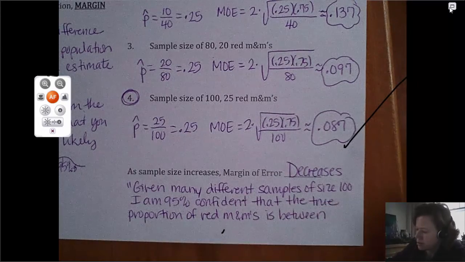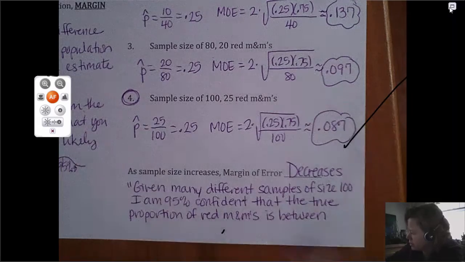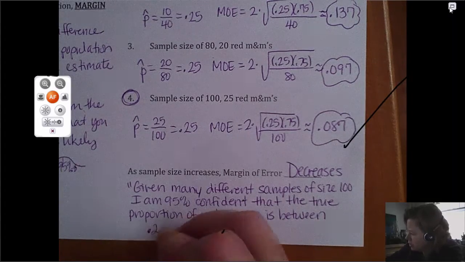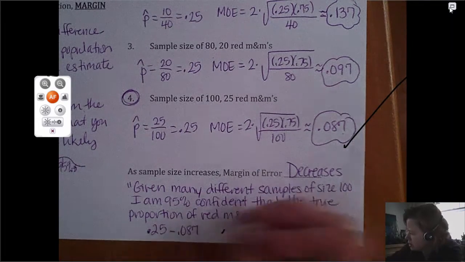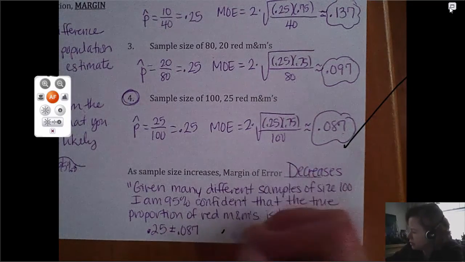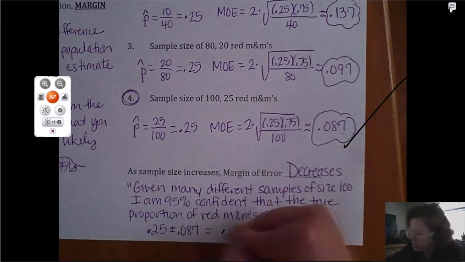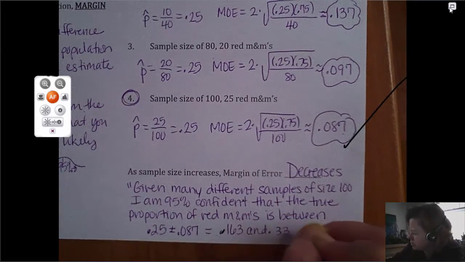well, I'm going to take my proportion that I found in my sample each time, 0.25, and I'm going to subtract my margin of error from it, 0.087, and add my margin of error, 0.087. When I do that, I get 0.163 and 0.337.